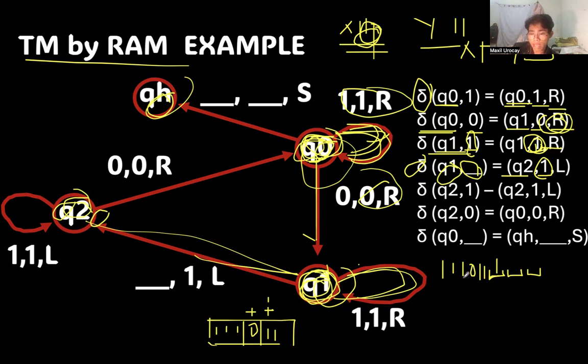We move back until we can append 1 into the right position. We move left, we append 1 into the right side, and we move until such time the function is complete. So that's actually how it works.